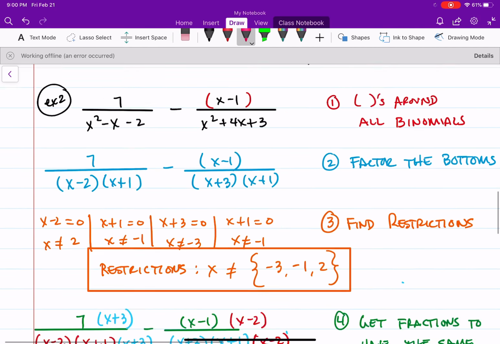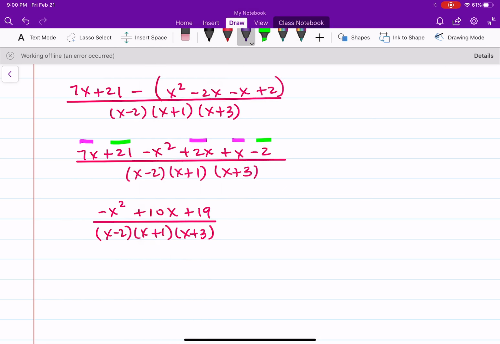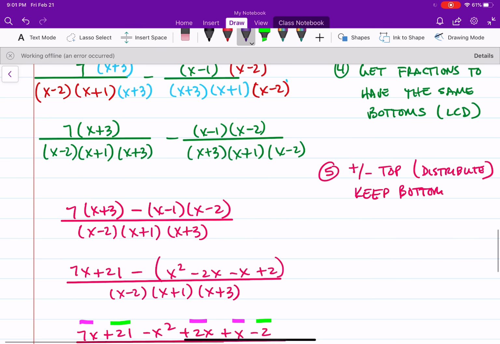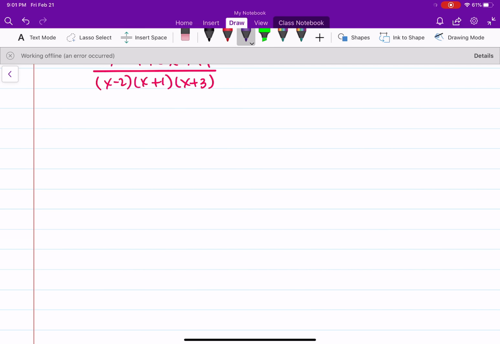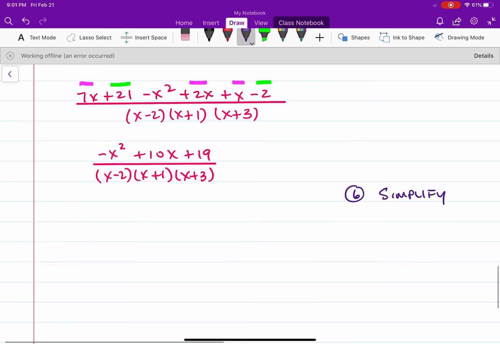Step 6 was in purple. Dark purple. Step 6 is going to be simplify. So if we look at step 6, I see a trinomial. Let's see if we can factor it. A times C gives you negative 19. B is equal to 10. So the question is, can I find two numbers multiplied together to give you negative 19, but yet the same two numbers added together to give you 10?